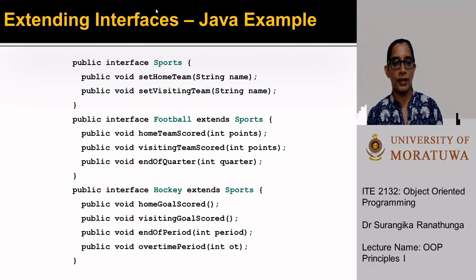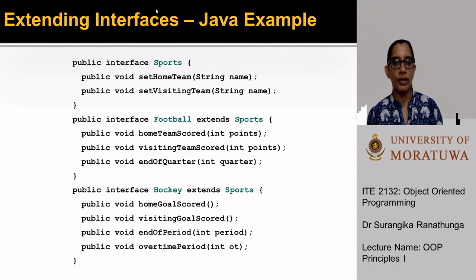As you can see here, we have the super interface sports, which has two methods: set home team and set visiting team. And we have another interface, football, that extends the sports interface. So this football interface will have three new methods: home team scored, visiting team scored, end of quarter.